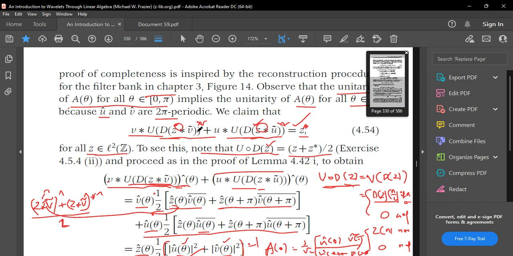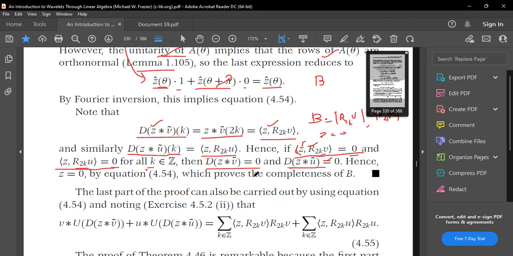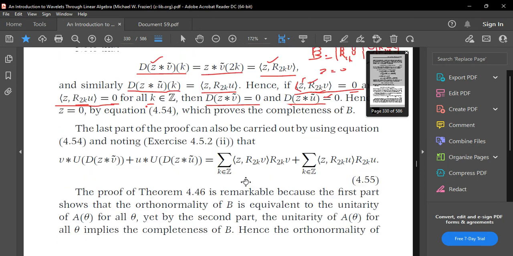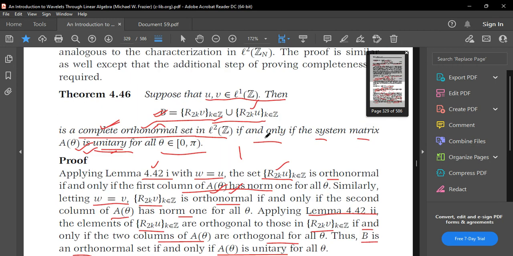Both of these components will be 0, and convolving with u and convolving here with v, the zero vector, we will get the left hand side as 0, that is equal to z, that is z is equal to 0. This proves the orthonormality of the set B. So we have proved the full result from this part, that is, this set is a complete orthonormal set if and only if their system matrix is unitary.